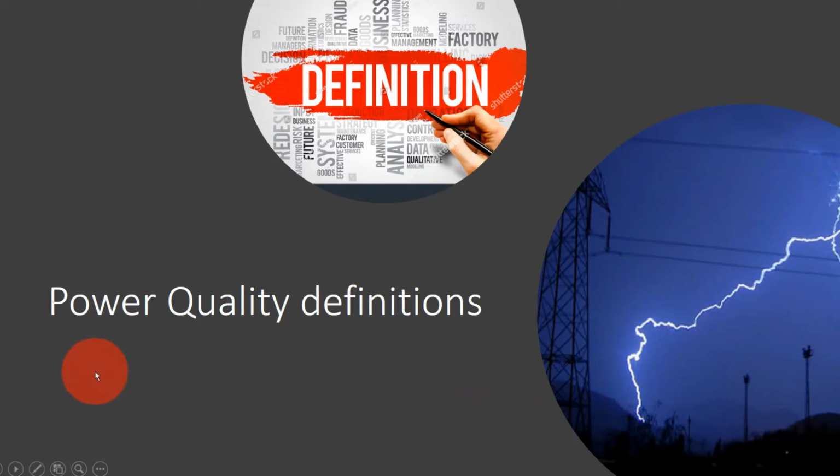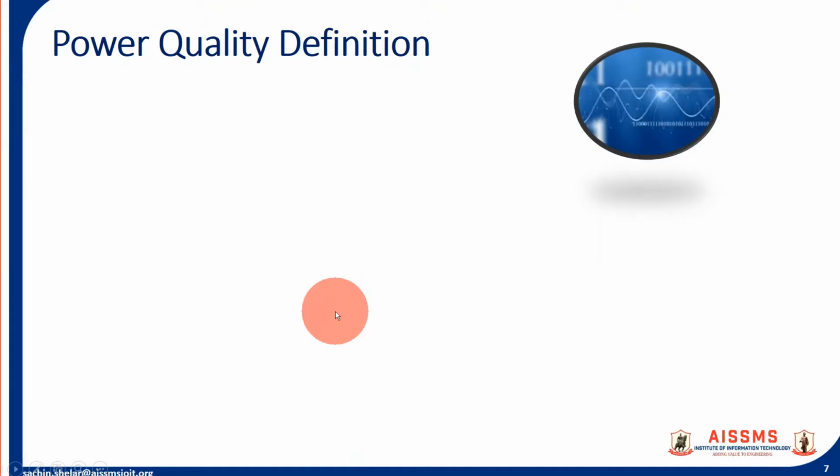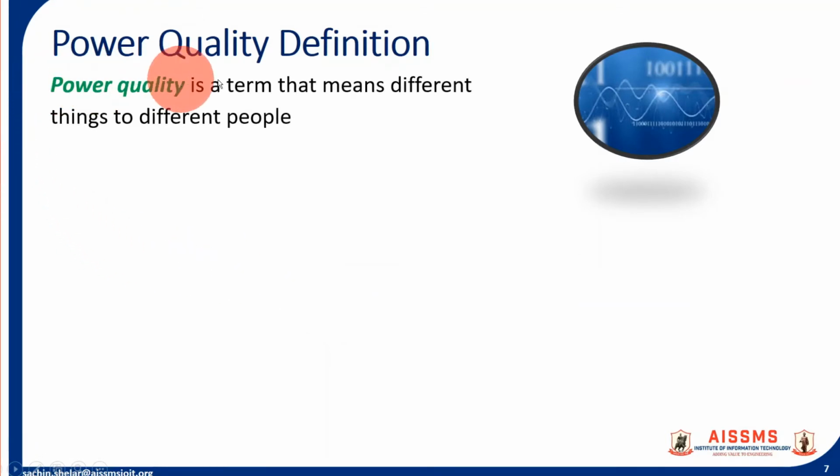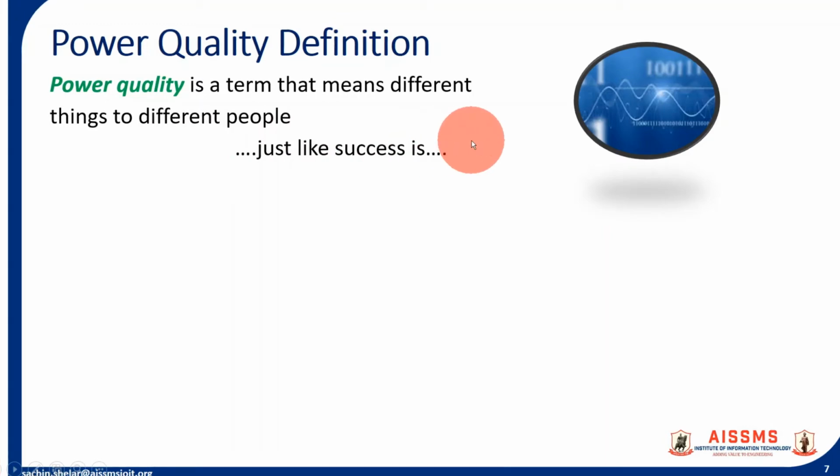Let's look at some of the power quality definitions. Now, power quality is a term that means different things to different people, just like success is different for different people. It is altogether a perspective. But going by the standard, let's see.